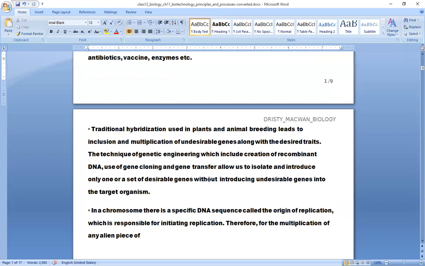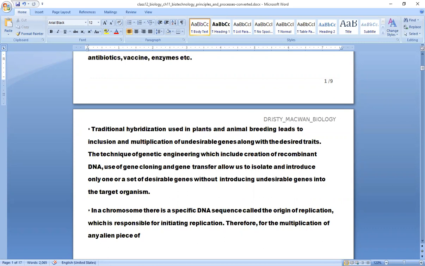The genes which are not of the desired type, or which are not going to do any function, you don't want those genes to be multiplied, right? So what you can do is, the technique of genetic engineering has been proposed, right? So in genetic engineering, only the desired gene is multiplied, or we can say only the desirable genes get incorporated inside the target organism, right?